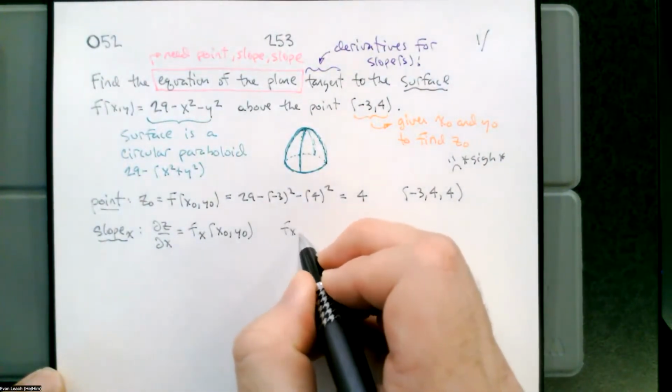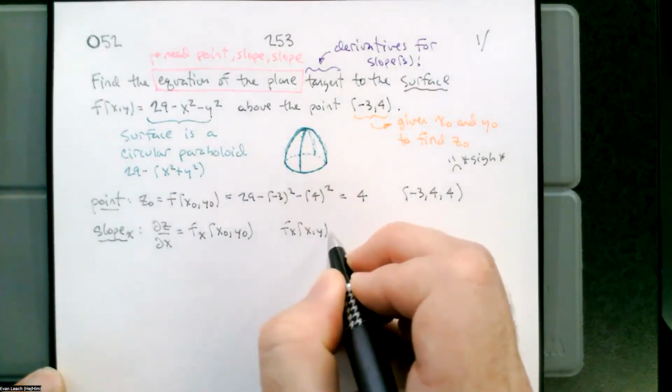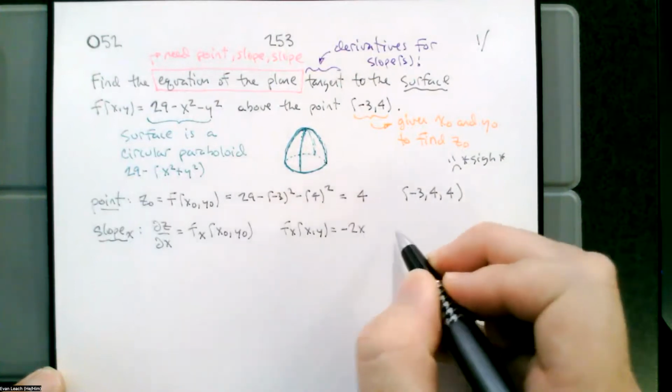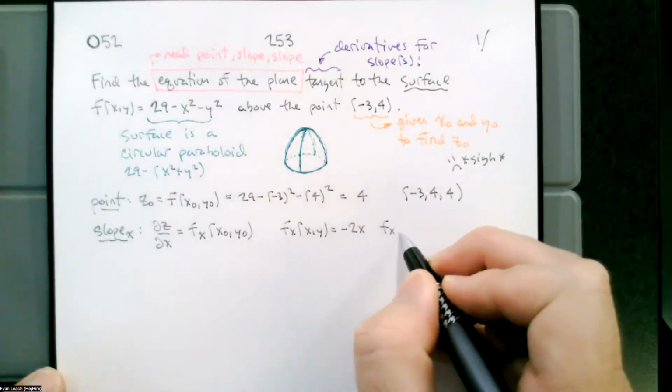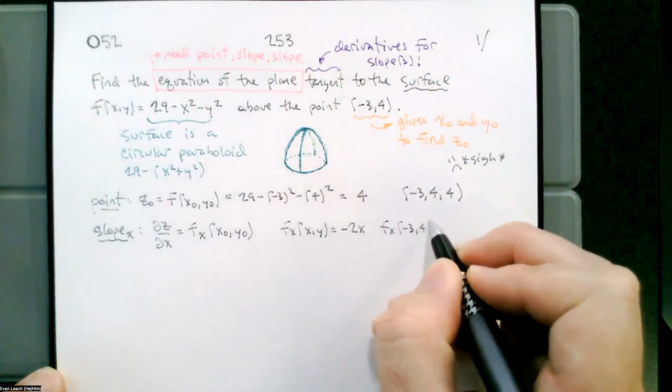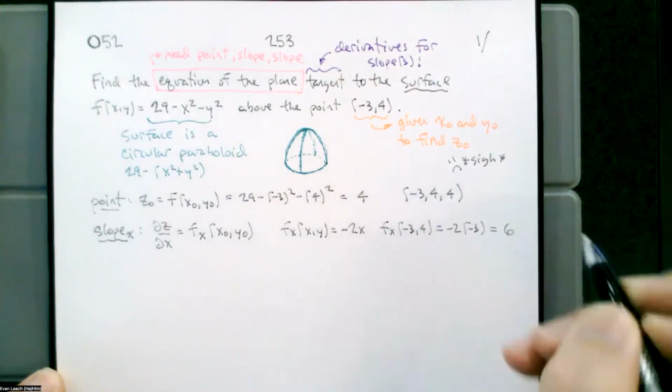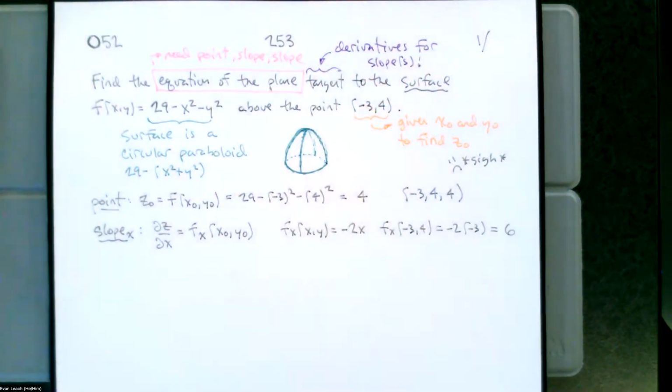Fx as a function is just going to be -2x. So fx at -3, 4 will be -2 times -3, or 6. So there's our dz dx.